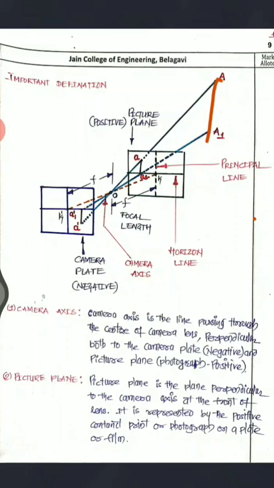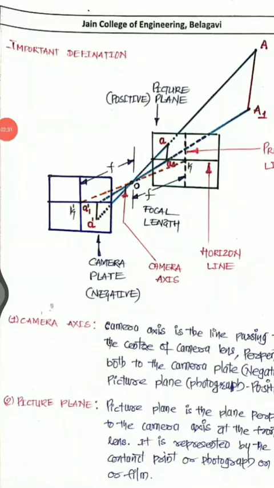Here you can see that A is going to be A dash, and this A1 is going to be A1 dash. It is a negative, so a reversed image is going to be here. Then when you develop this negative, you will get a proper image. You can see A and A dash in this picture. It is the picture plane, that is, the original or positive image you will have.